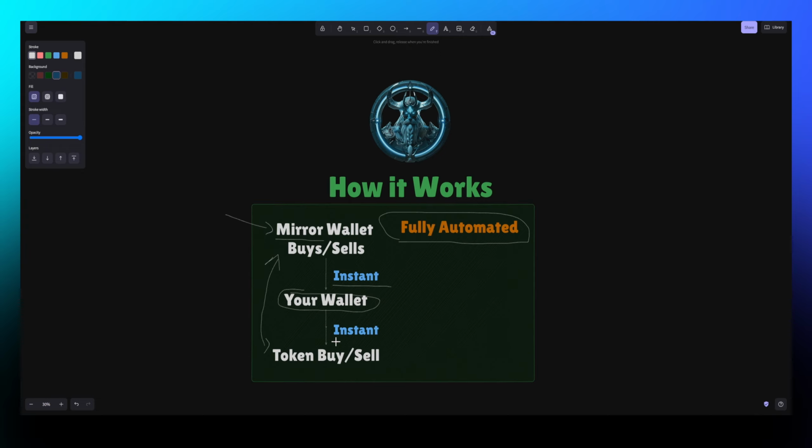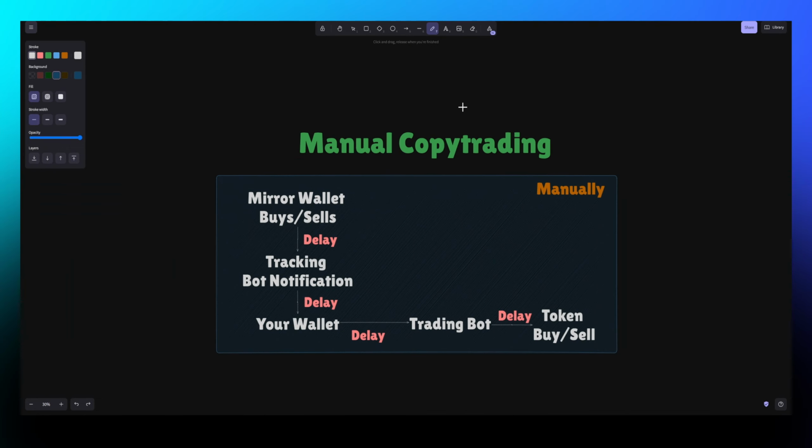And this happens instantly. On the other hand, you can also do manual copy trading either with Trojan bot, yourself, any other tool. But the problem with this one are the delays, right? Why? First of all, you have a mirror wallet that you're going to be tracking with a bot.